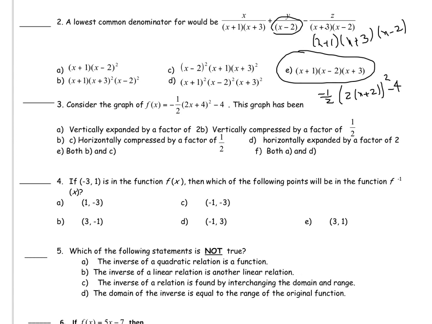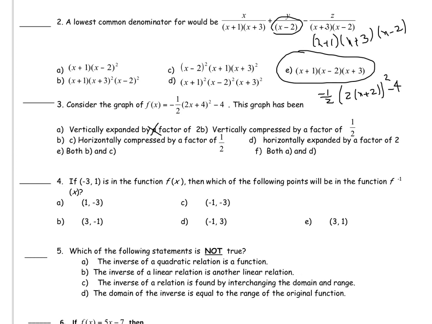Now going through the options, option A says vertically expanded by a factor of 2. And you can see that your a value is 1 over 2, so it's not vertically expanded. So this option is gone.